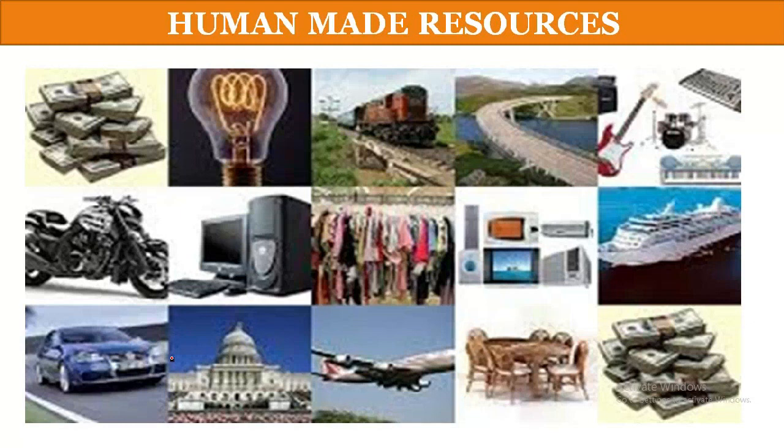Now students, I would like you to have a look at this picture. When you have a look at this picture, you see different images. Now what are these images all about? Let us first of all try to identify these images. This is number one, money or currency.